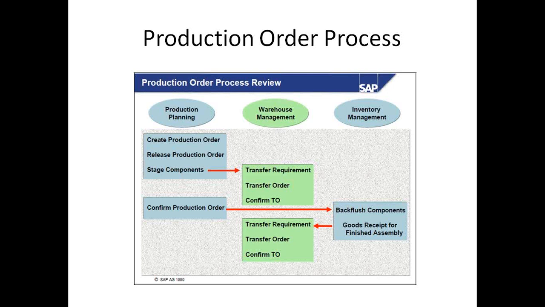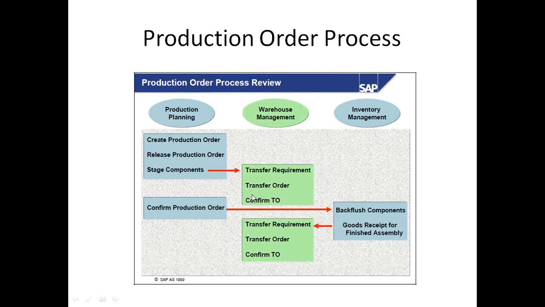It goes and searches in the warehouse, and if any material is available, like the BOM related materials for that particular production process, it will reserve it and stage it in the staging location. For that, it will automatically create a transfer requirement, an open transfer requirement. Then we go and create a transfer order and confirm it.